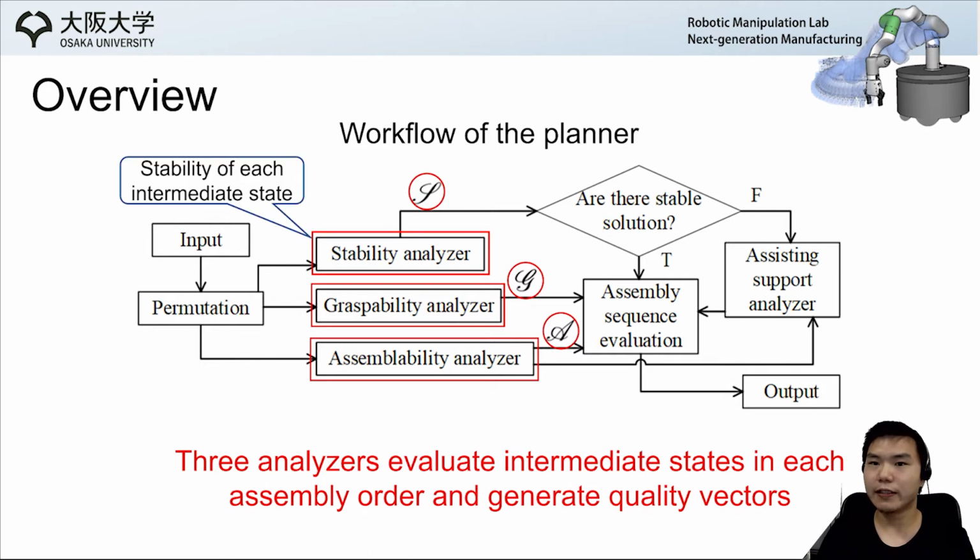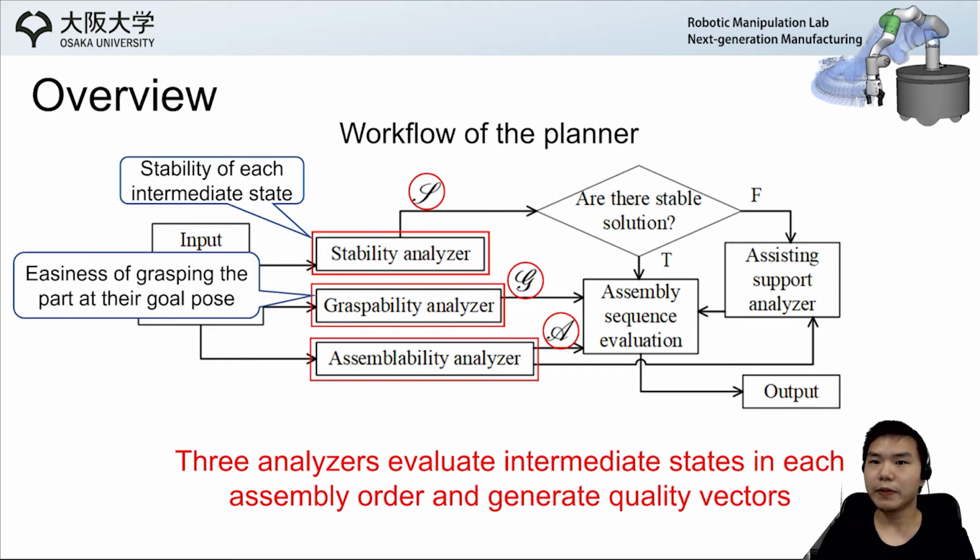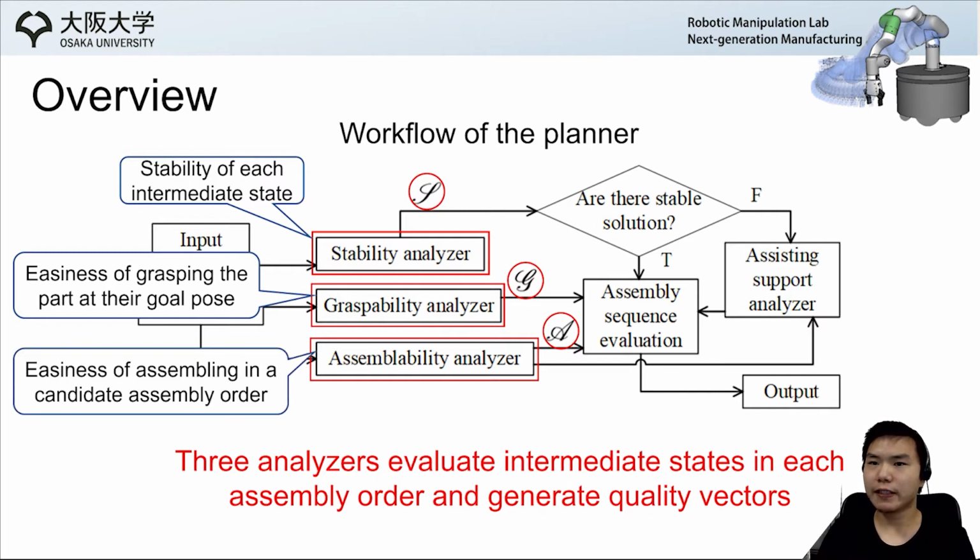The stability analyzer evaluates stability of each intermediate state. The graspability analyzer evaluates the easiness of grasping the part at their final pose. The assemblability analyzer evaluates the easiness of assembling in a candidate assembly order.